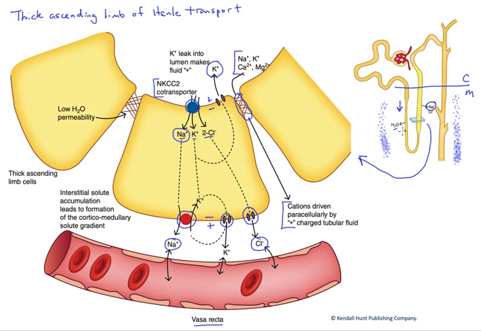Guess what? That is what is driving the osmotic water reabsorption from the descending limb of Henle. That increases the solute concentration on the inside, fueling the transport of this NKCC2 cotransporter, right, driving that transport outward, generating the gradient that we see over here.